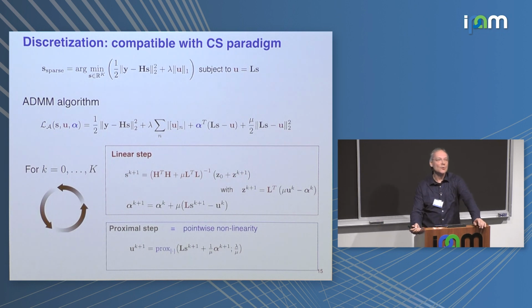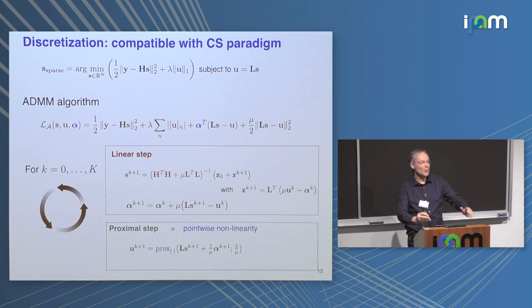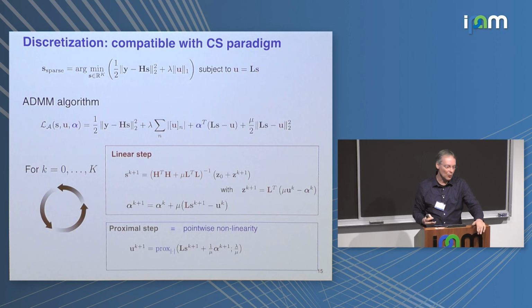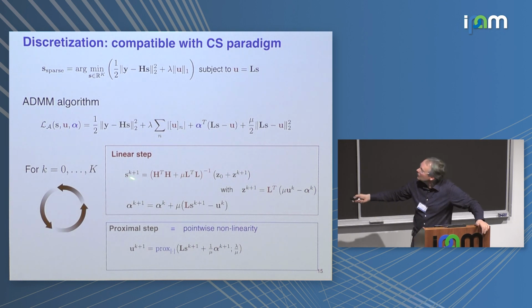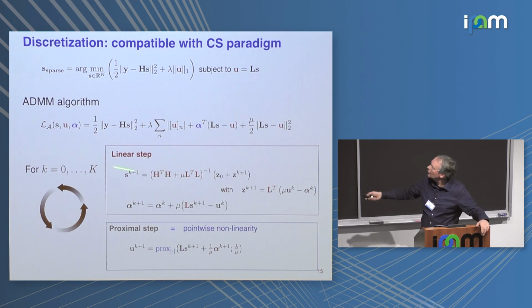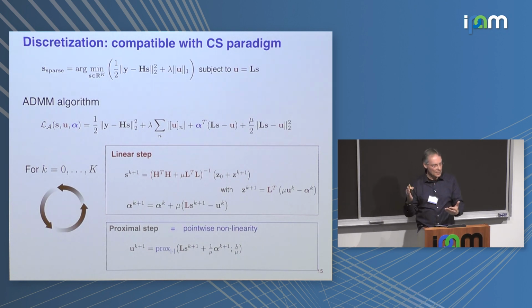So I can borrow the algorithm from the 20th century. It's just the linear solver which does this first step of ADMM. Then I have an update of the Lagrange parameters, which gives me the best alpha. Then you have to optimize for U when all the rest is fixed. This decouples completely because the L1 norm is just the sum of the absolute values, and it's given by a proximal operator.